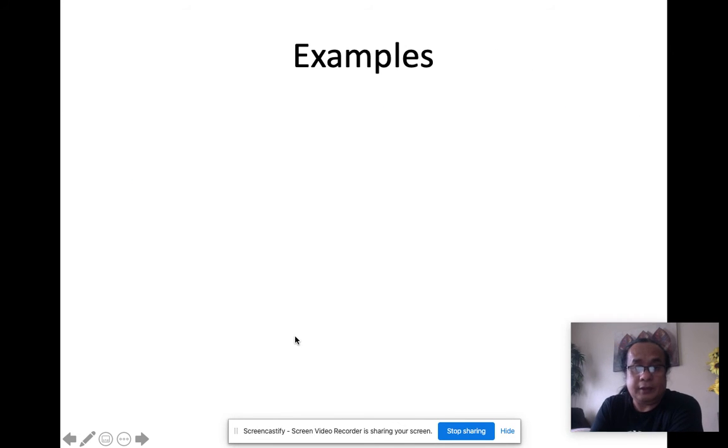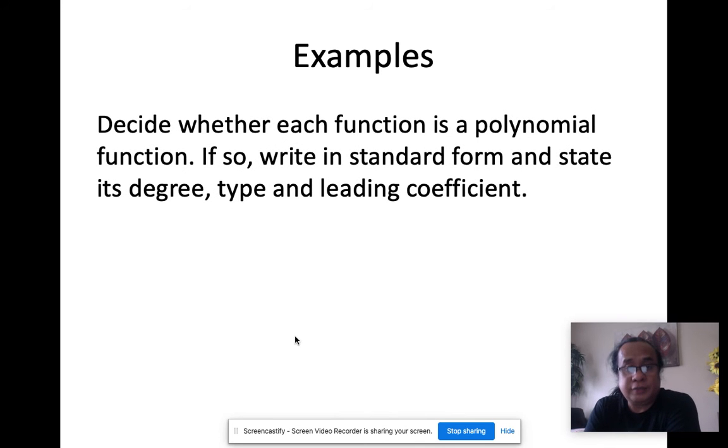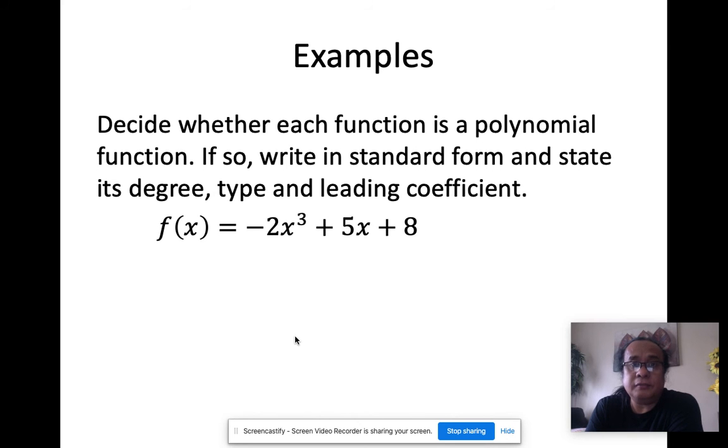Let's have an example. Decide whether each function is a polynomial function. If it is, we write it in standard form and identify the degree, the type, and the leading coefficient. Look at the first example: f of x equals negative 2x to the third plus 5x plus 8.